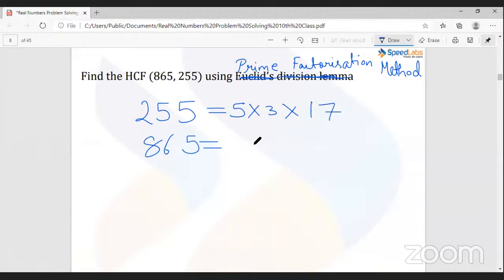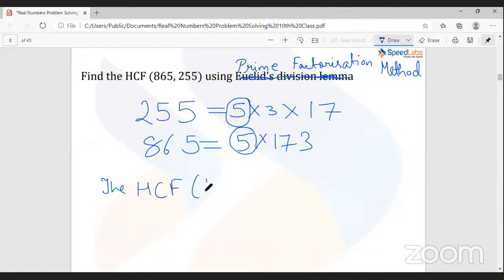And for 865, it is 5 into 173. So what is the highest common factor from here? 5. Yes. So the highest common factor HCF of 865 and 255 is 5. Great. So this was an easy question.